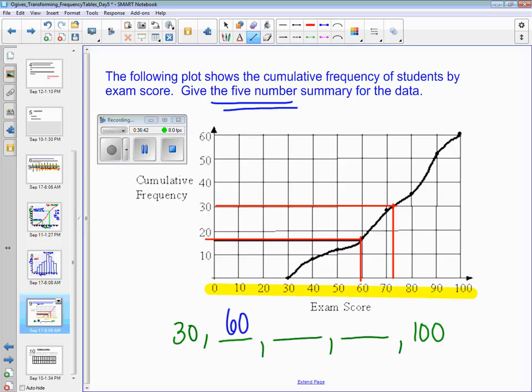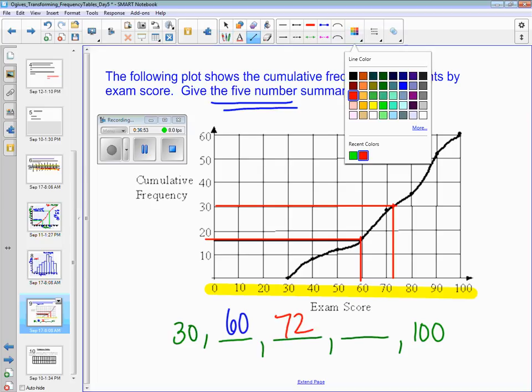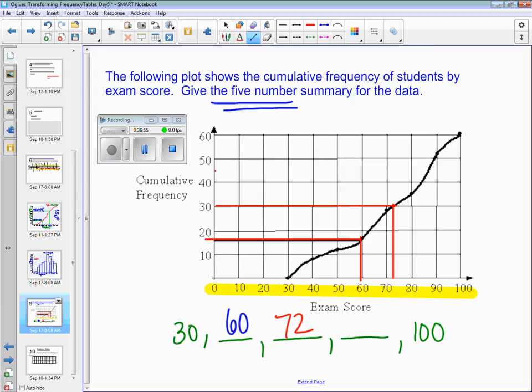Because it went over, it looks like it hit about 60. Okay, good. So I'm going to say 72. And then the last one would be 45. Go over here, go down. About 87, 88. Either way, I'm not going to count off if it's wrong. And we do our box plot.